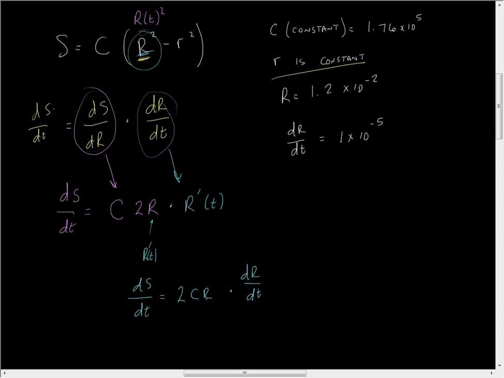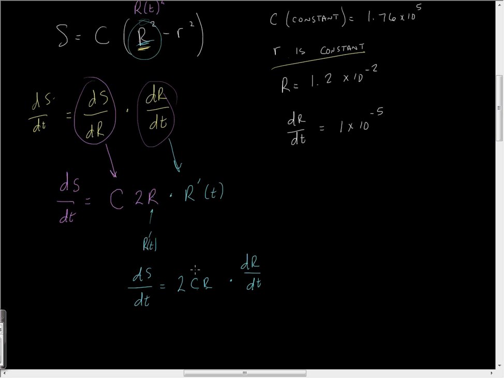When we take 2 times C times R, we have 2 times C, which is 1.76 times 10 to the fifth, times R, which is 1.2 times 10 to the negative 2.